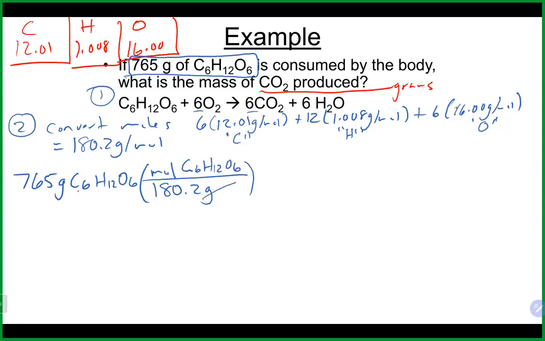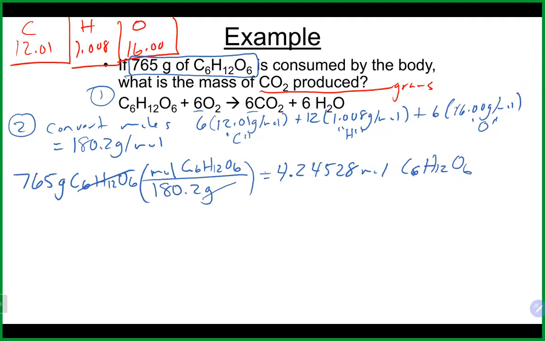If you want to get a number at this point, 765 divided by 180.2. I'm not going to round too much on this number because we're going to continue on. 4.24528 moles of C6H12O6. Any questions on that there?